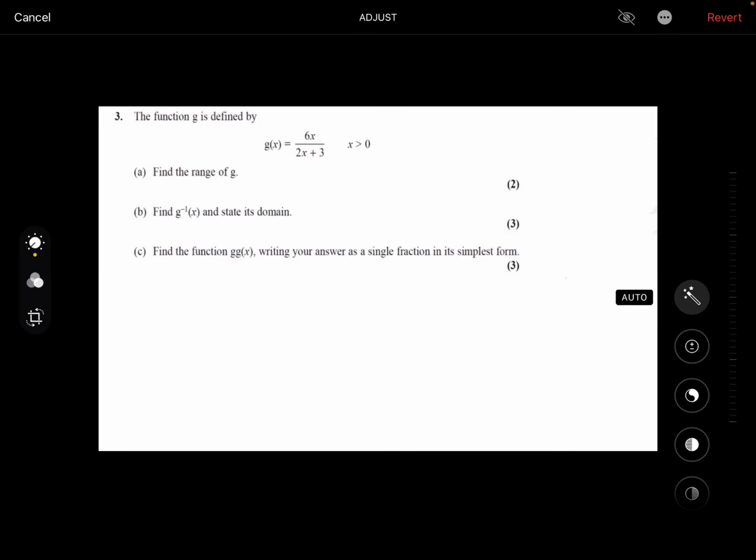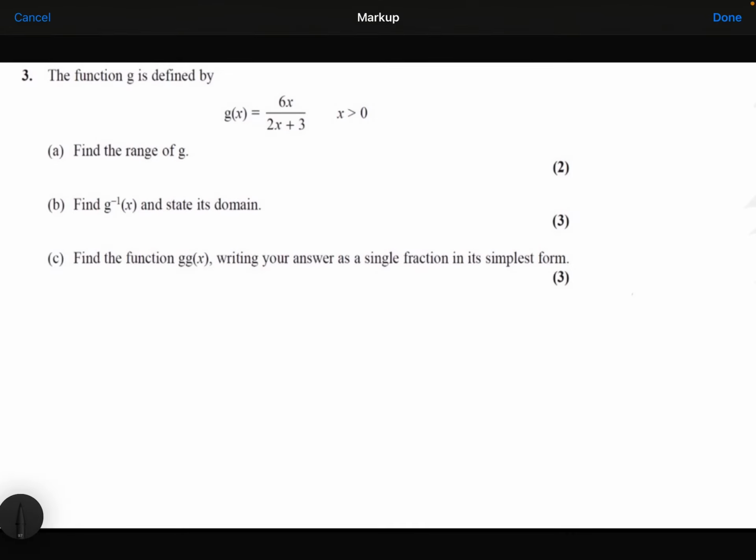Next, part C. Find the function g of g of x, writing your answer as a single fraction in its simplest form. So this is saying to take the g of x function and substitute it into the g of x function. So I'm going to take the g of x function, the 6x over 2x plus 3, and I'm going to substitute all of this into the g of x function here and here.